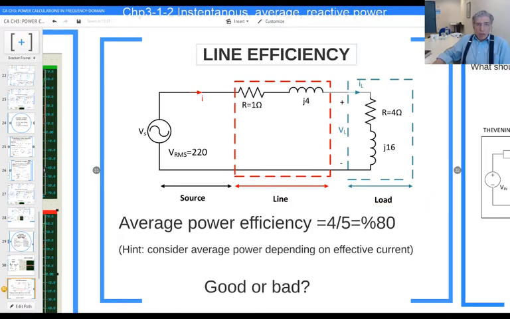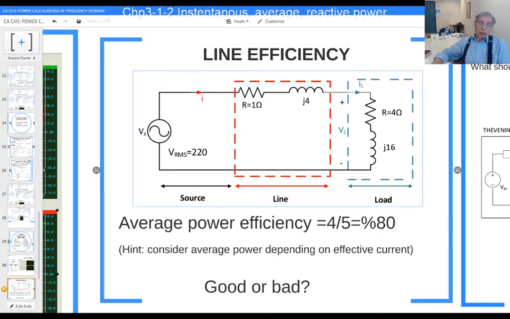So our aim, normally, if you consider the engineering side of it, we would like to lose a minimum amount of energy on that line. That means maximum power should be transferred from the source to my load.